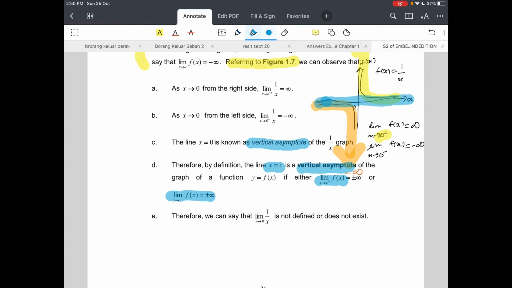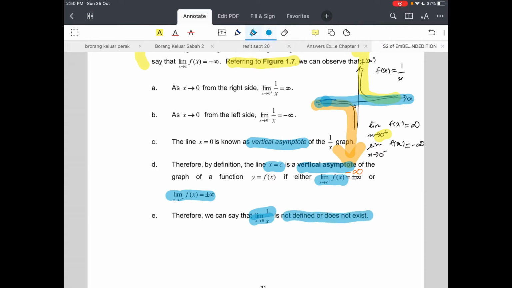So here we can say that the limit x approaching 0 for this function is not defined or does not exist, because the values from the left side and right side are not equal. Because why?